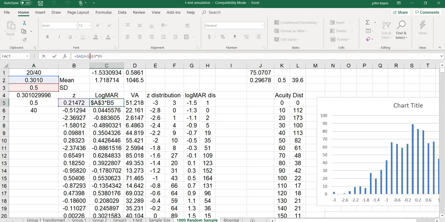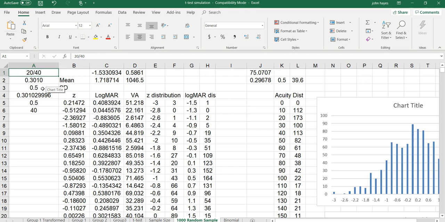Okay, so we're going to convert from a mean of 0 and a standard deviation of 1 to a logMAR value with a mean of 0.301 and a standard deviation of 0.5. So let's see how we do this.